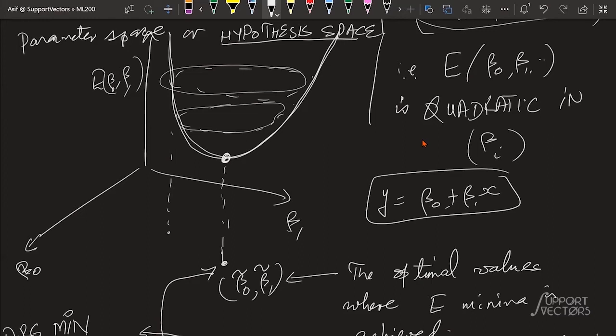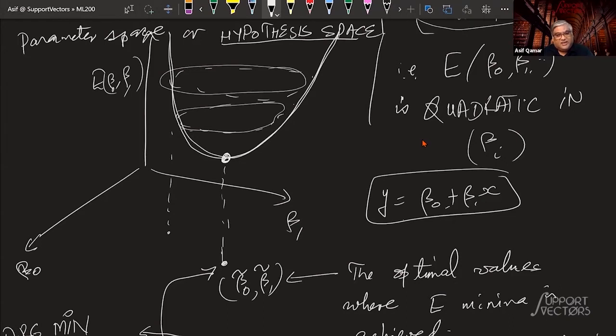But when we are trying to minimize, is it getting minimized for only one data point, or how can we ensure that it is minimized for the summation of the data points? See, E is a function derived from the data points, the summation over all the data points. But once we have created the summation over all the data points, the only knobs that you can turn are beta naught and beta 1, right?